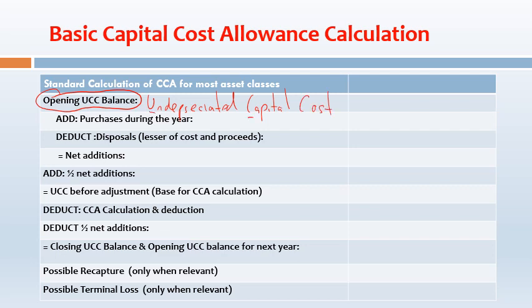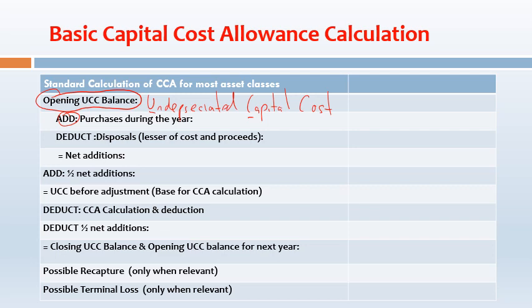So the undepreciated capital cost is going to be either a balance that's carried forward from the prior year, or it could potentially be zero if there's no assets in the pool, or that class of assets has been completely depreciated already. Your next step would be to add in any purchases made throughout the year, and from those purchases, deduct any disposals that were made during the year.